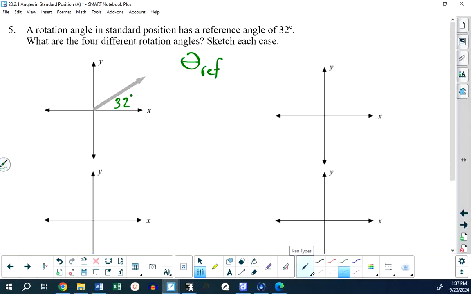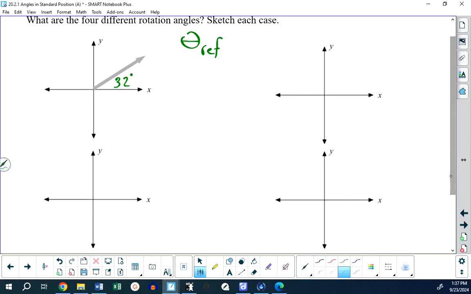If I had it in quadrant, and there's no order to what I'm doing here, if I had this in quadrant 3, I hope you notice or would know that the terminal arm in quadrant 3 with a reference angle of 32 degrees will be parallel to the one in quadrant 1. In other words, if I drew these both on the same grid, they would be 180 degrees apart.